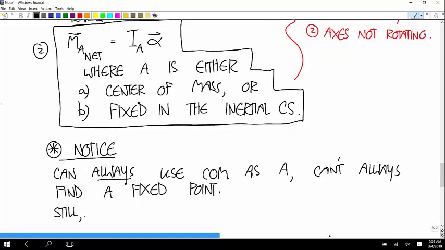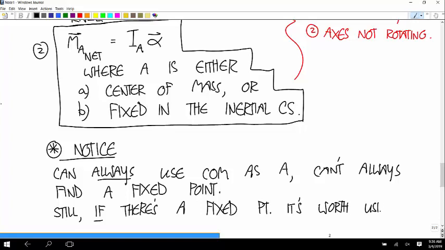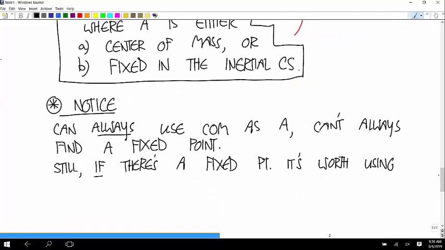So still, if there's a fixed point, it's worth using it. And we'll do an example or two eventually where we'll do the calculation using a fixed point. We'll do the calculation using the center of mass, and you'll see what the extra stuff is that comes in from ignoring the fact that there's a fixed point, and it's just a pain.